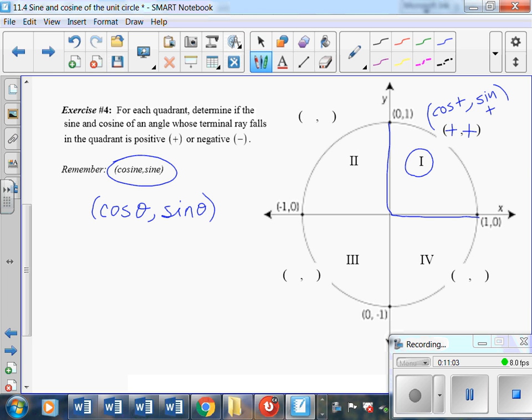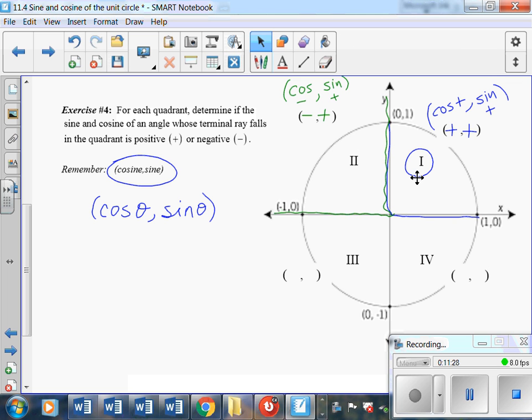When we move here to the second quadrant, I know that my x value is negative and my y value still remains positive. So my x value is negative, my y value is positive, which means that my cosine is negative, my sine is positive. Moving down to the third quadrant, my x value is negative and my y value is negative.